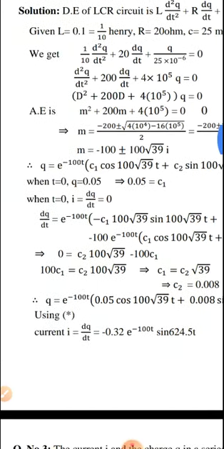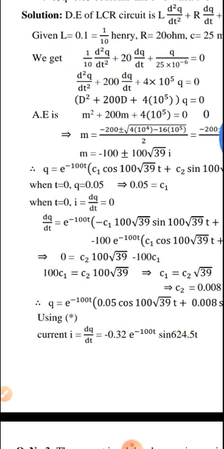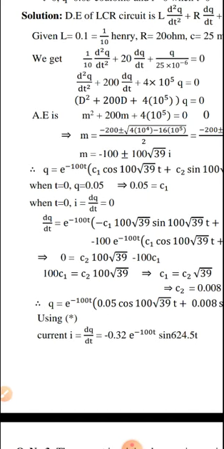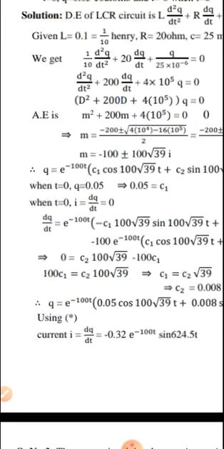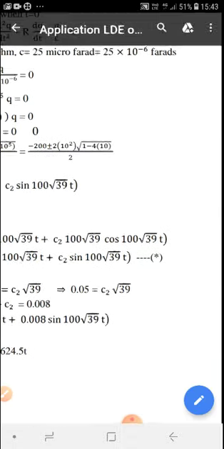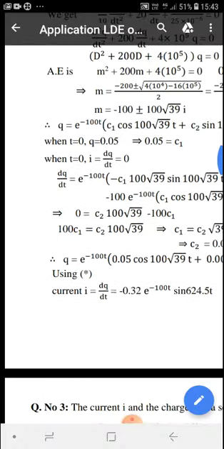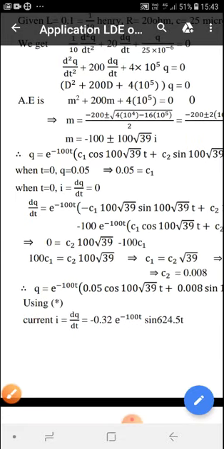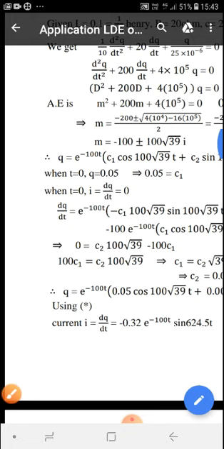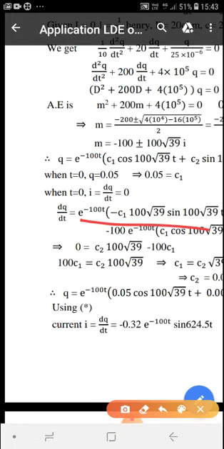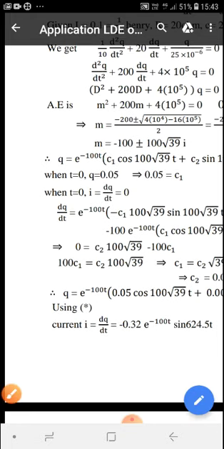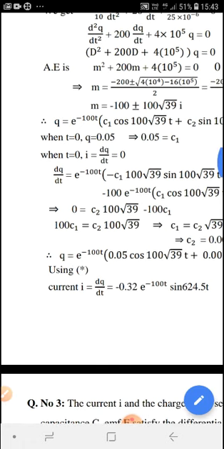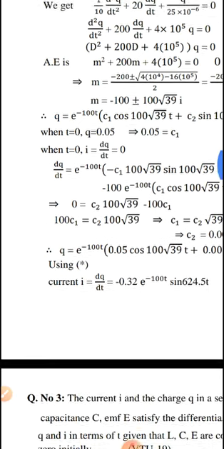Substituting that C1 and C2 in Q, we get the expression for Q. Or you can substitute in dq by dt, you will get the expression for I. You can substitute C1 and C2 in this expression for dq by dt, and you get the expression for I. The final expression is I is equal to minus 0.32 e power minus 100 t sine of 624.5 t. Then one more question.